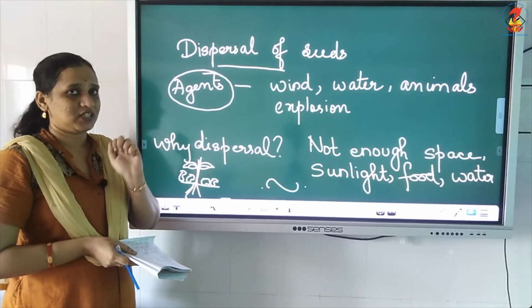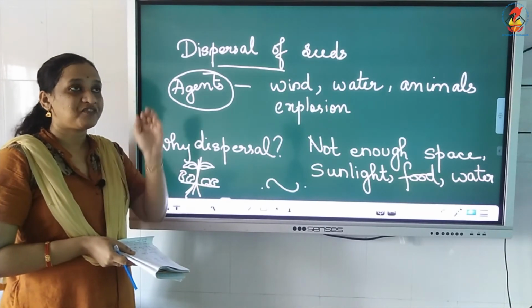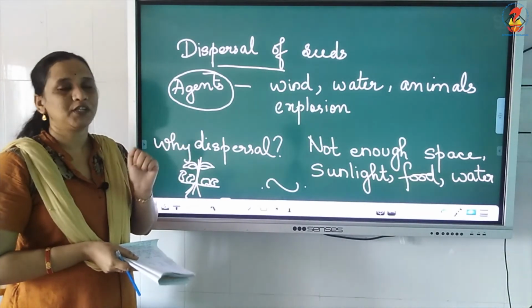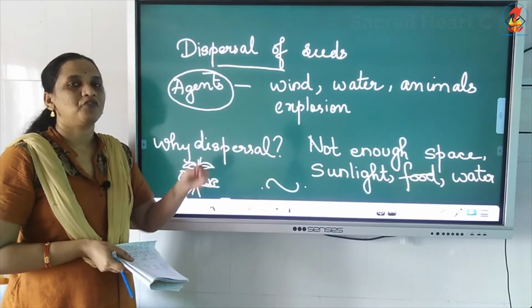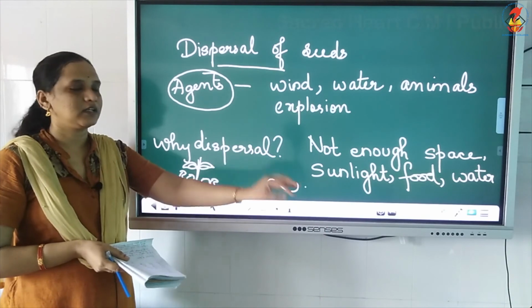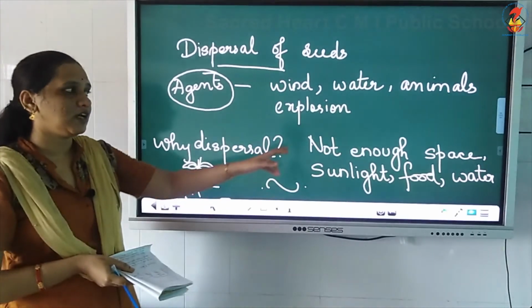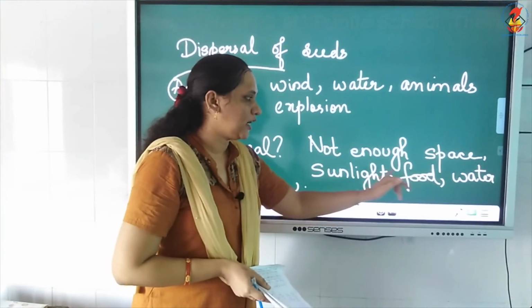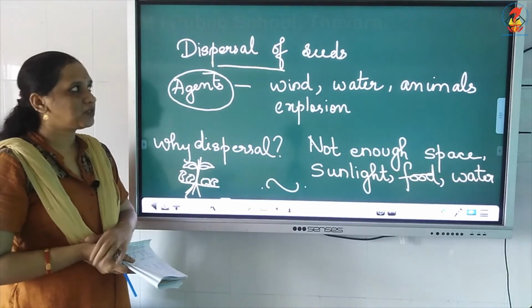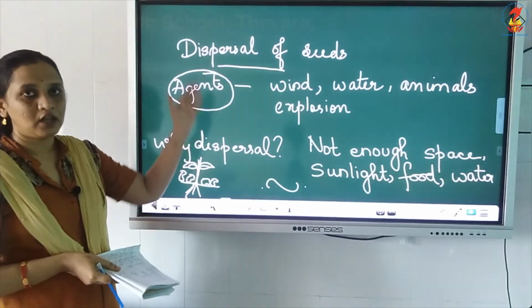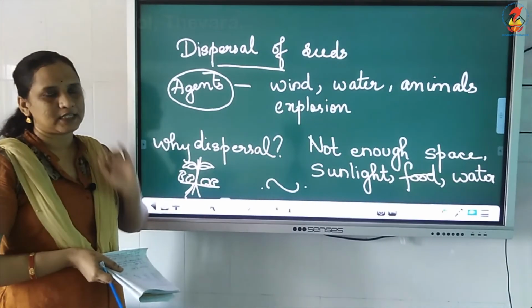These are the agents or factors in the environment which take the seed from the mother plant far away so that it will get enough space, sunlight, food and water. Clear to you? So, that is the meaning of dispersal, dispersal of seeds.